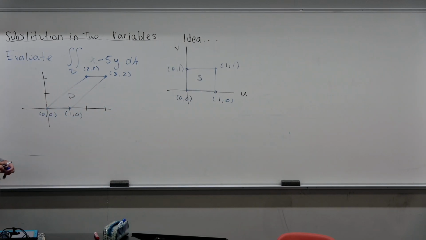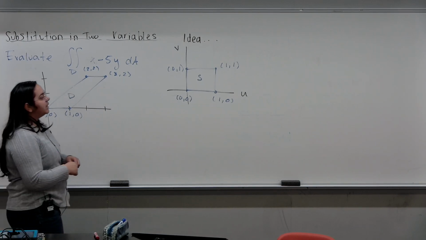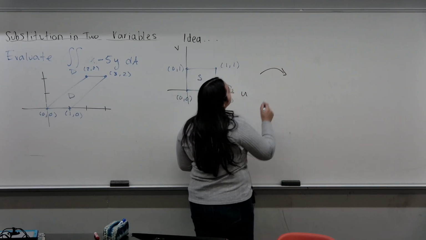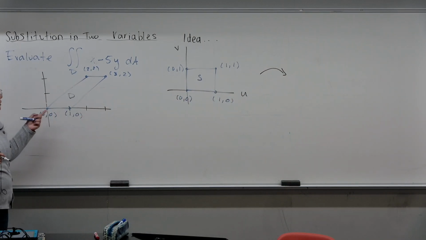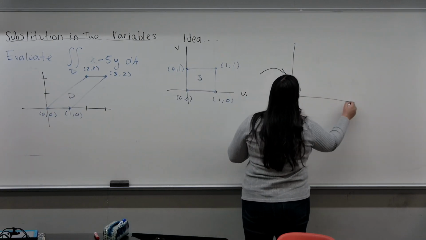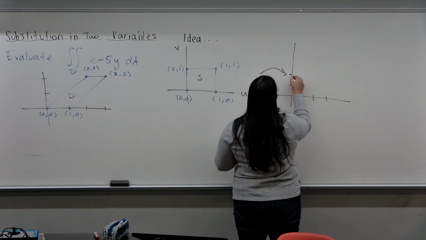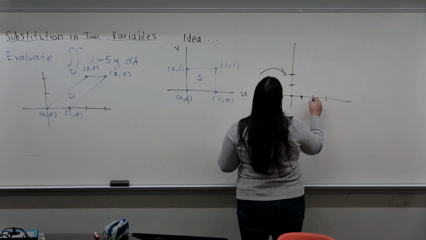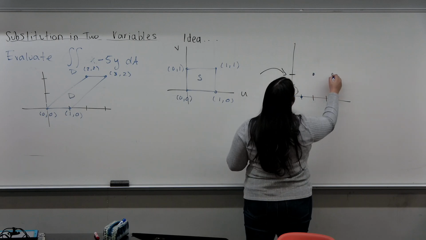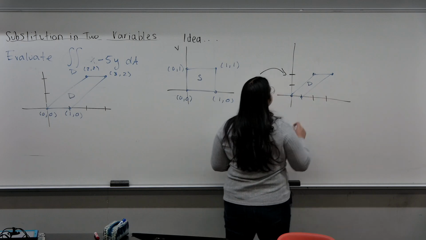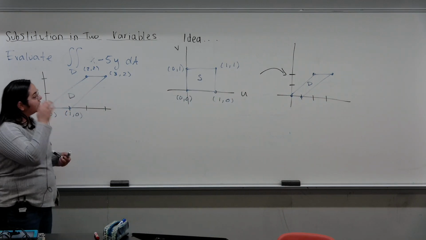So what I'd like to do is find what transformation maps this region S to the region D that I'm trying to integrate over, which I'll draw again. So (0,0), (1,0), (2,2), and (3,2). So that's sort of the general idea.